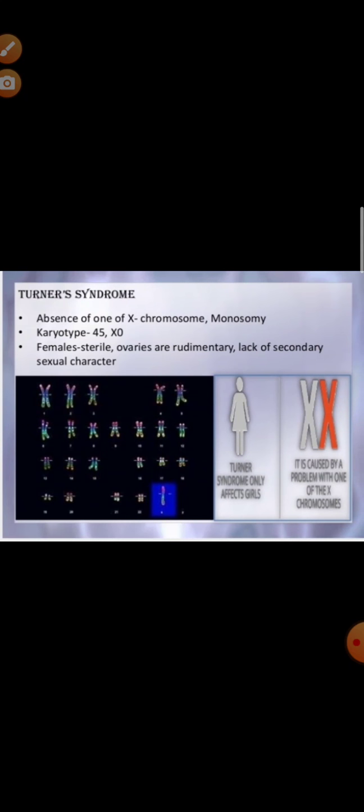Next, Turner's syndrome. What is the cause? Absence of one of the X chromosomes in those individuals. And what will be the karyotype? It will be 44 plus XO. What are the symptoms? Sterile females. The females will not be able to reproduce, and rudimentary ovaries will be found.